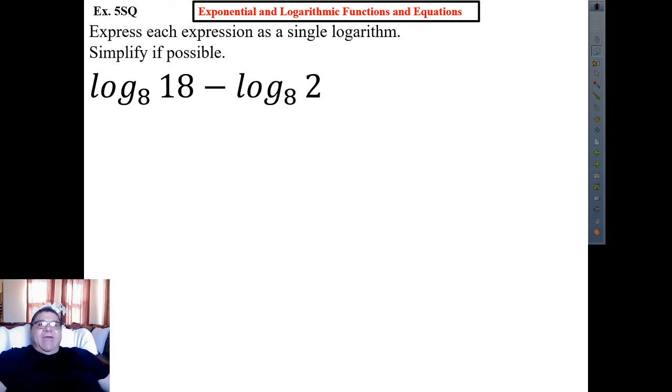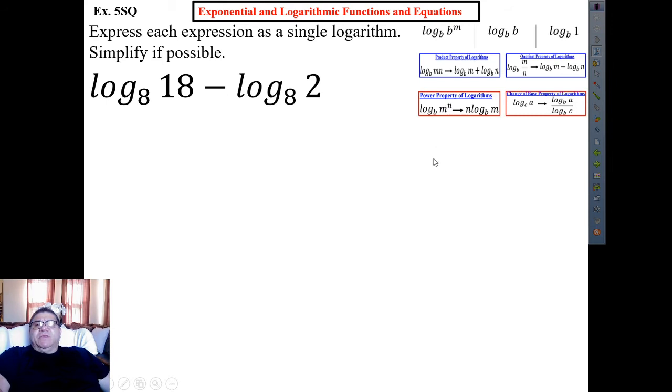All right, now that we're back, let's see. What do we got? If it's subtraction, what is this implying? Yeah, this is the quotient property of logs. All right, but before anything, I said to keep all the stuff handy on an index card or something. So I'm going to put it over here on this side, what we've seen so far in regards to definitions and properties of logs.